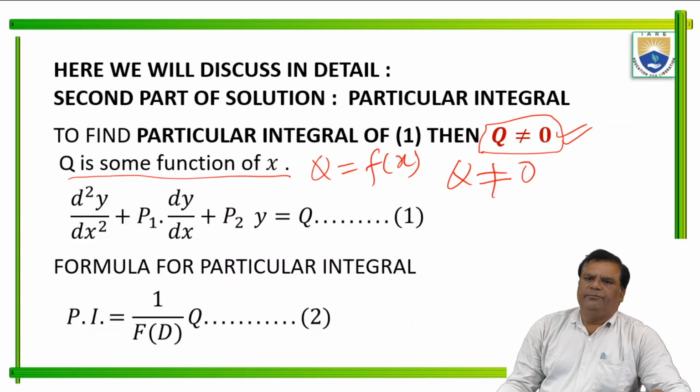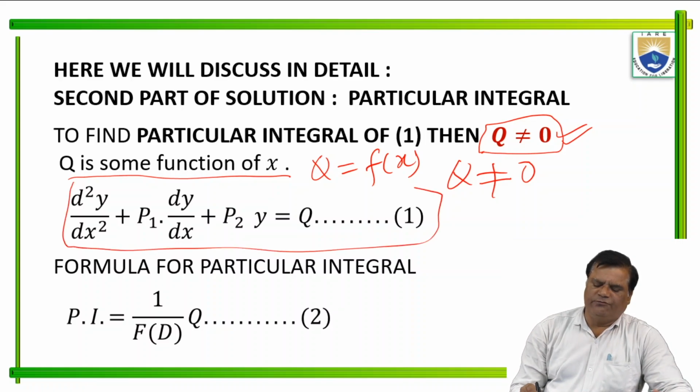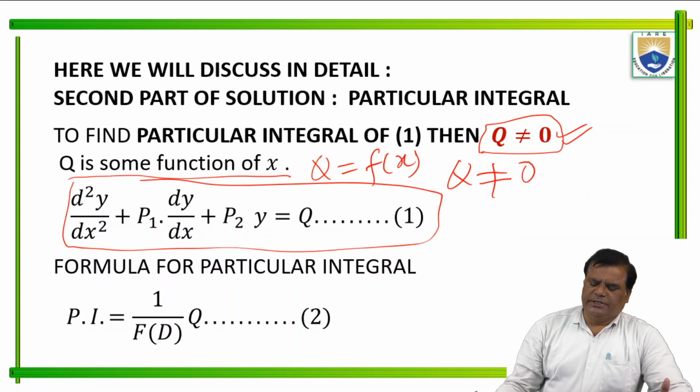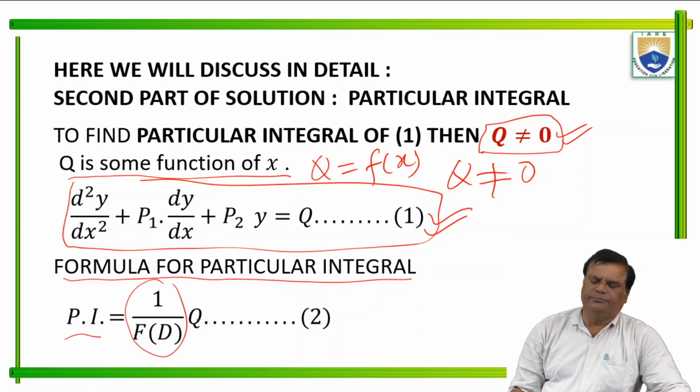So here we start to find the particular integral. This is the general equation of 1, and our question is the same type of equation 1. The formula for the particular integral is PI equal to 1 upon f(D) into Q. This is equation 2.